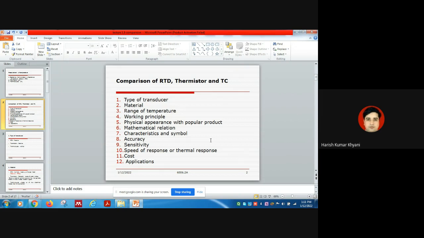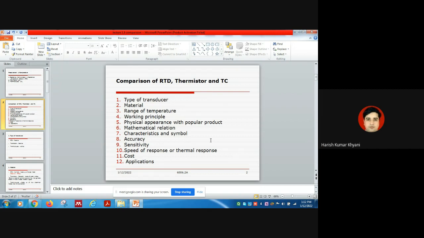I will show you some pictures of these devices which are available in the market. Then we will see the mathematical relationship. We have individually, in different lectures of RTD, thermistor, and thermocouple, seen the mathematical relationship for all these three devices. Today, in combined form, we will see what is the difference between these devices.